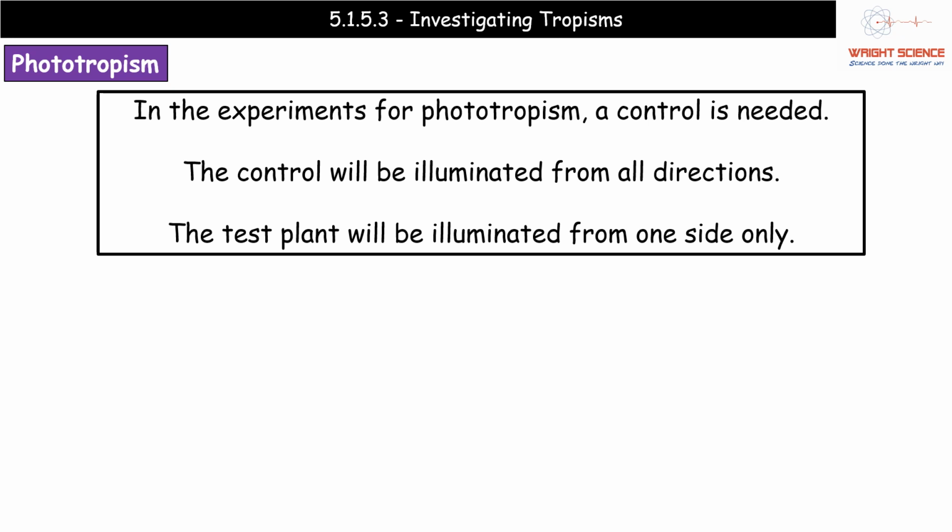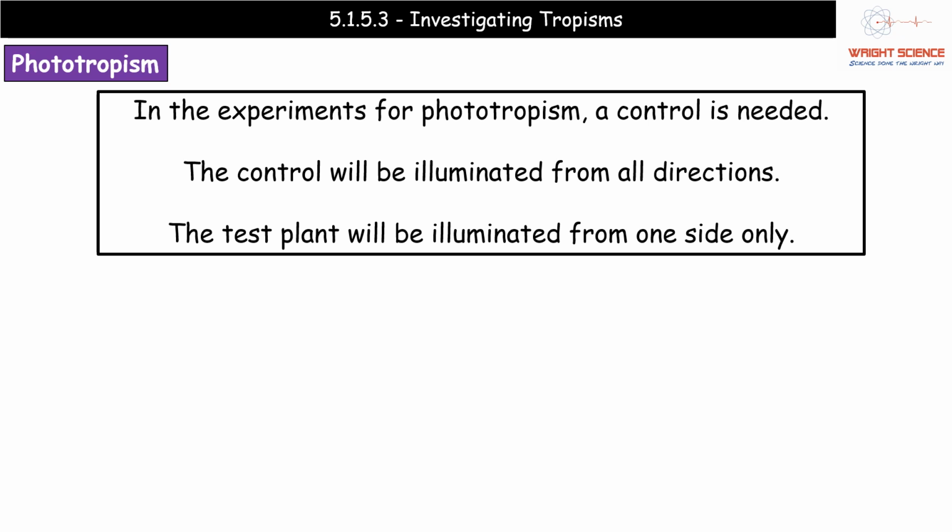And the control for phototropism, quite simply, is the plant that's going to be illuminated from all directions. Because phototropism is all to do with obviously that unidirectional light and causing it to bend, what we see for our control is a sample that must have the light from all directions. So just remember, your control will be illuminated from all directions, your test plant illuminated from one side only.